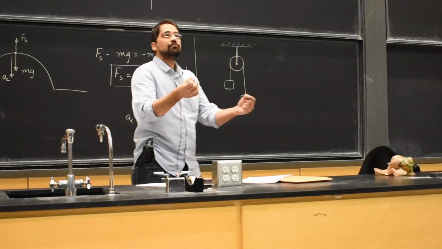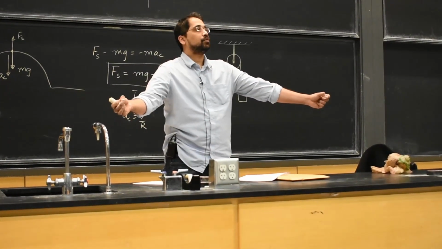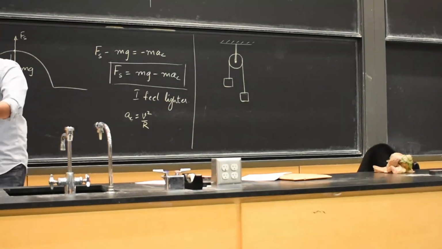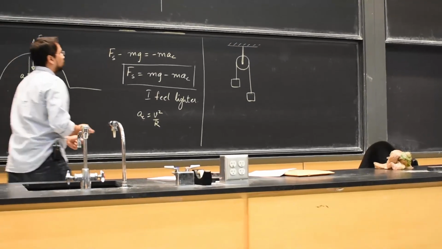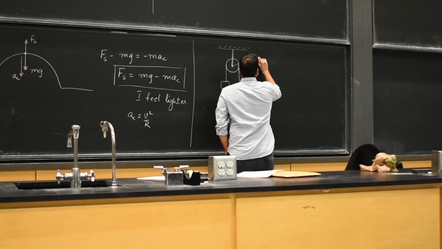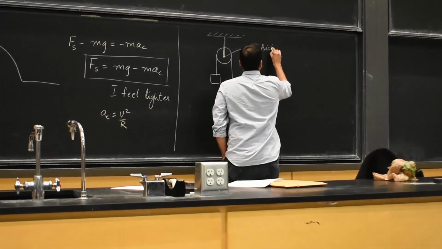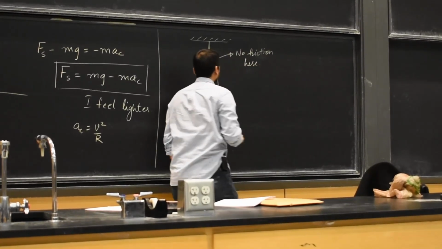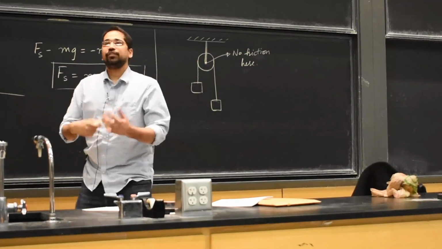I tie each end to two different blocks, and then I put the arrangement on top of this pulley. Assume there is no friction at the pin. The pulley is free to roll.